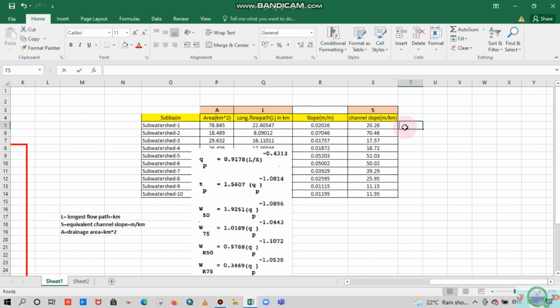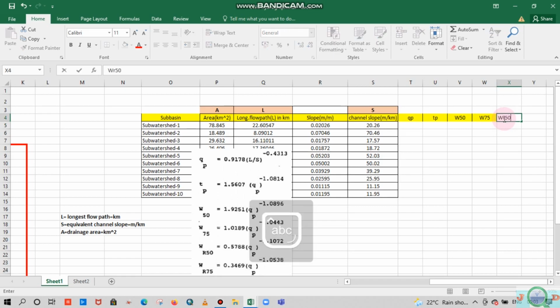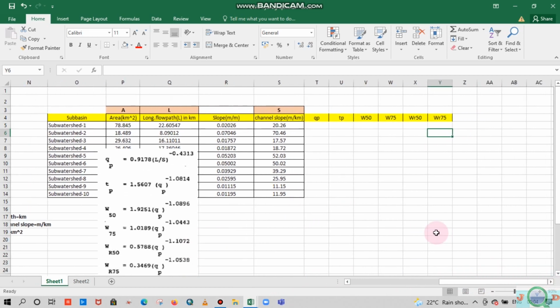So here I will first find this qp, Tp, W50, W75, WR50, WR75, and what else?